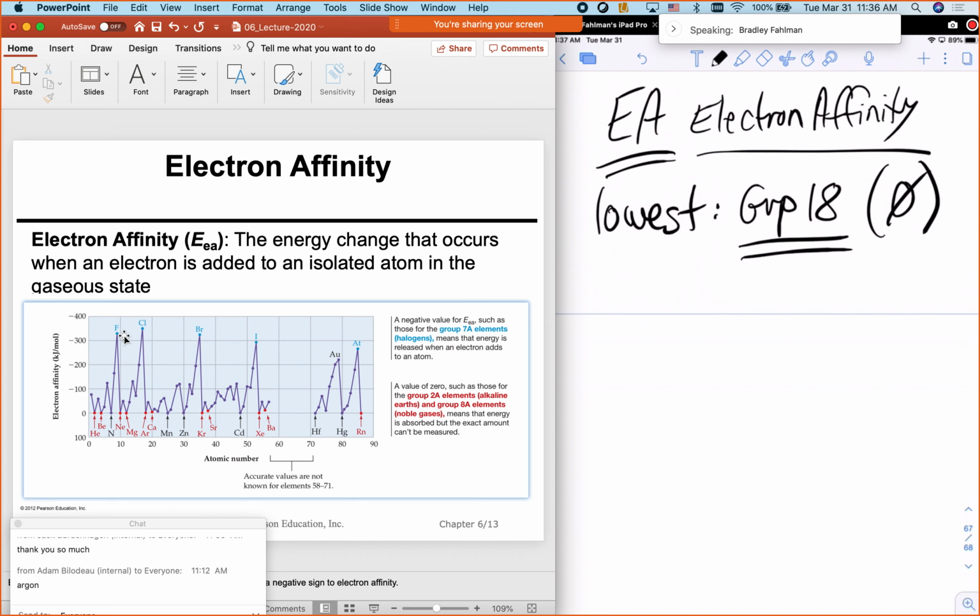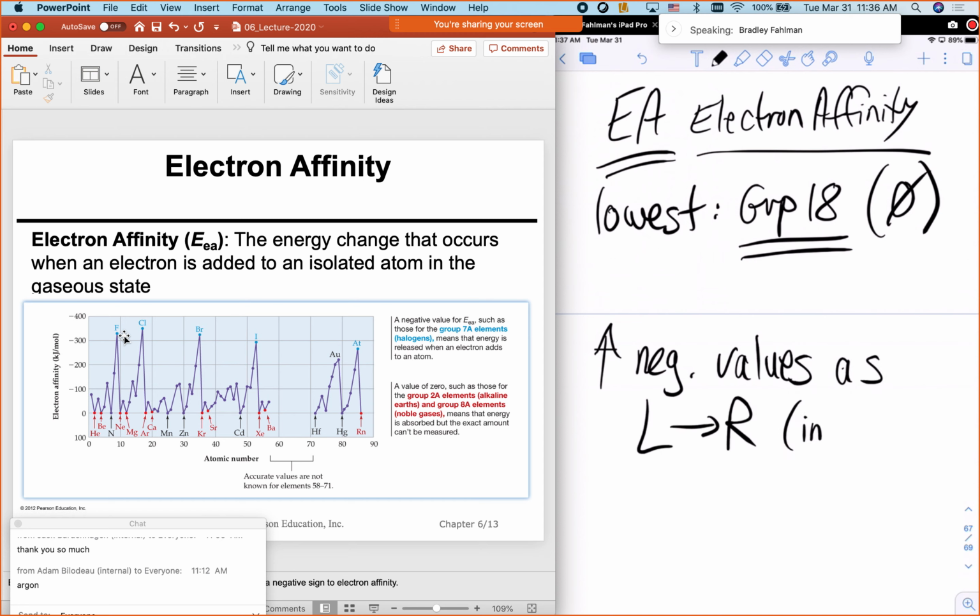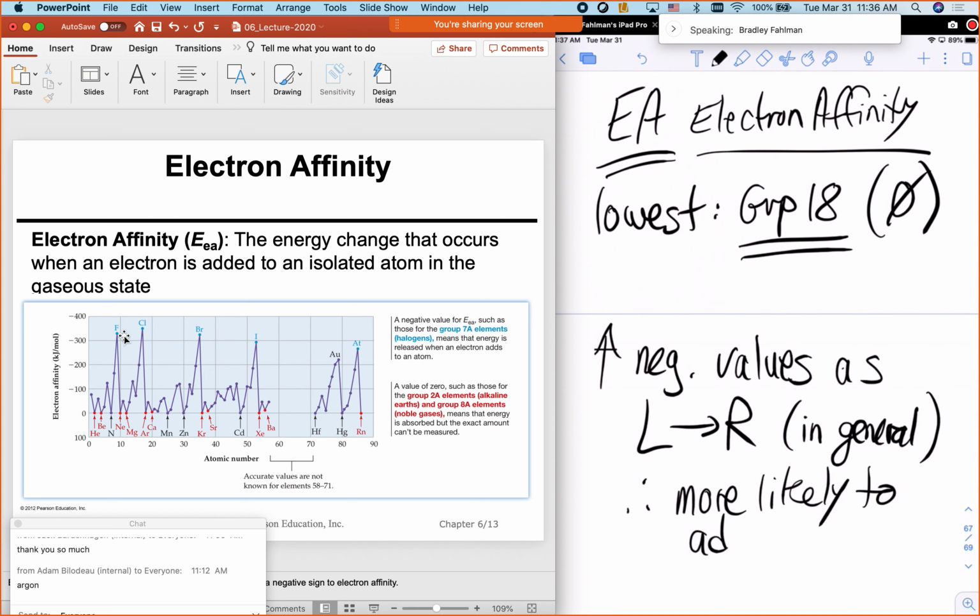So it is increasing in negative values as you go left to right, a sort of general trend. So therefore it is becoming more likely to add electrons as you go left to right.